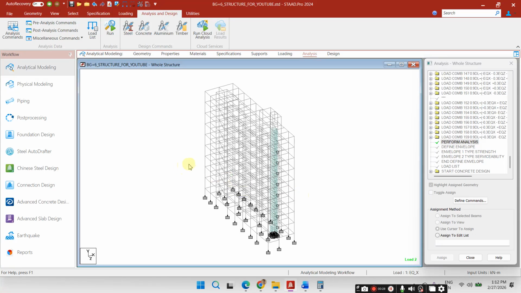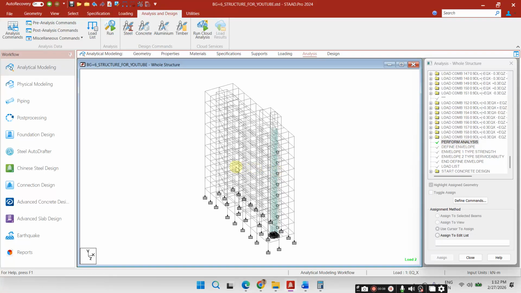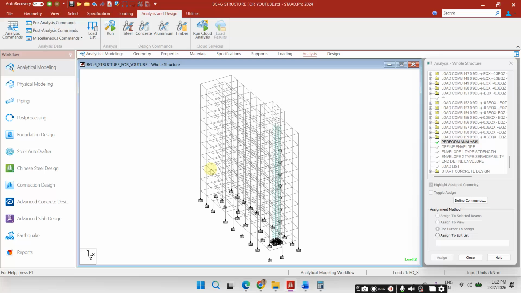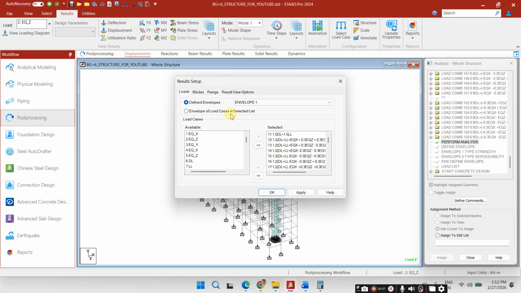Otherwise, due to seismic acceleration, there will be a stability problem. So first we have to check whether the mass participation is equal to or above the 90%.